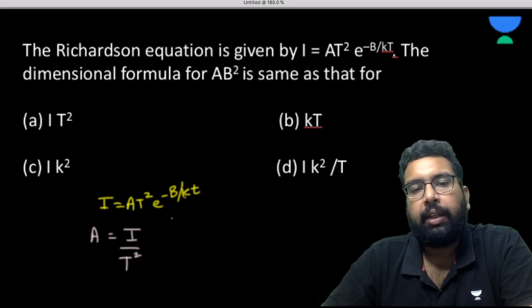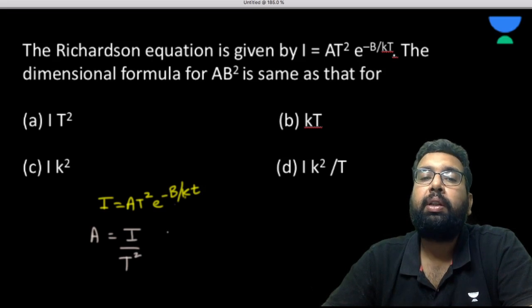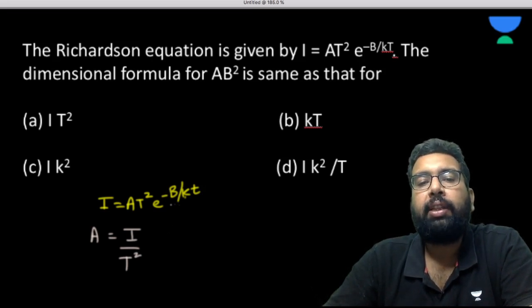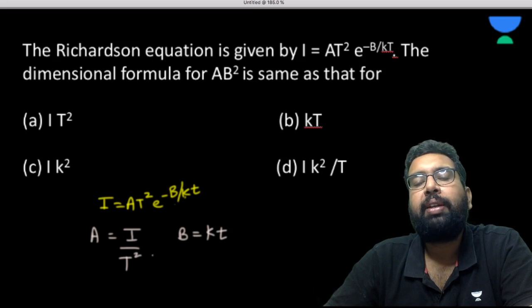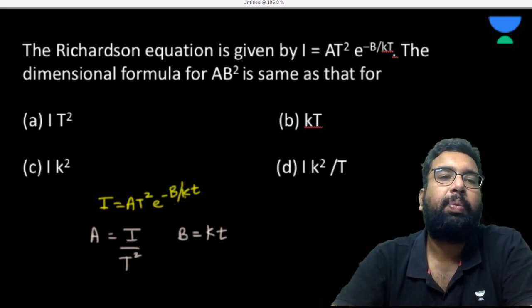Now see, b by kT. This thing has to be a number again, e to the power minus something. So this has to be dimensionless. It is only possible if the dimension of b is equal to the dimension of kT. Otherwise, it is not possible, right?